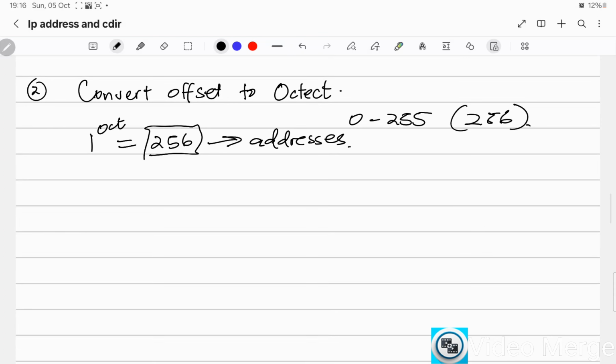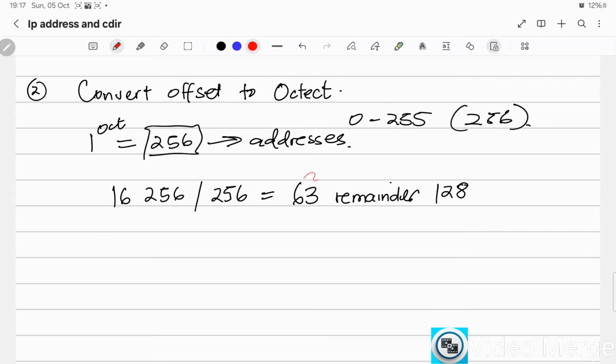So what we are going to do is divide our offset by the number of addresses per octet, 256. Dividing this by 256 gives you 63, remainder 128.